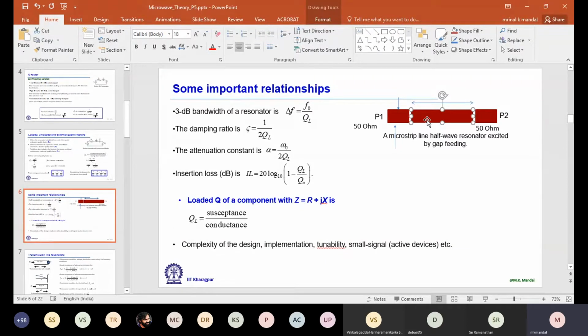So in this case, how do we define the quality factor? If we take out the microstrip line and find out what the losses are, dielectric loss, conductor loss, and surface wave and radiation loss from a full wave simulator, and calculate the corresponding quality factor, then we call that unloaded quality factor.